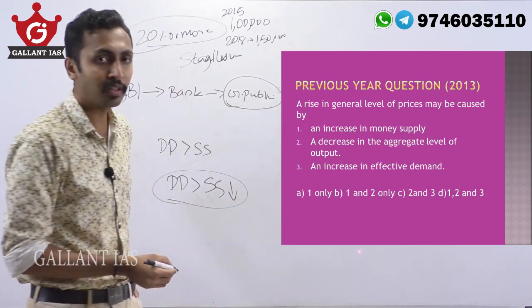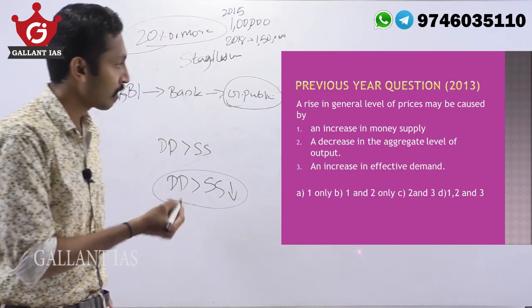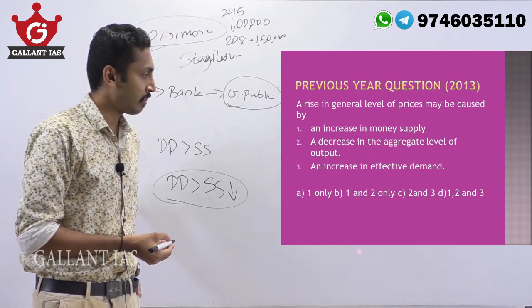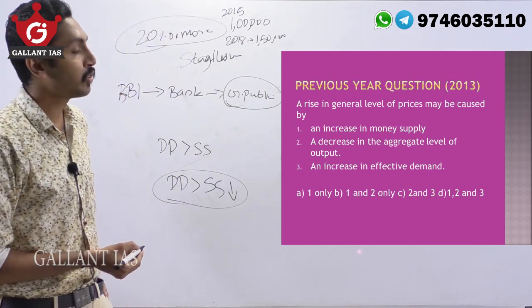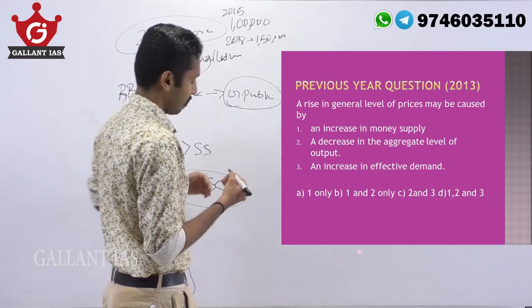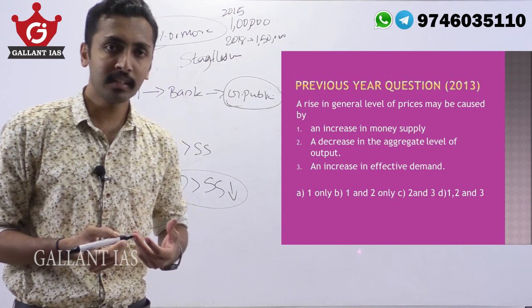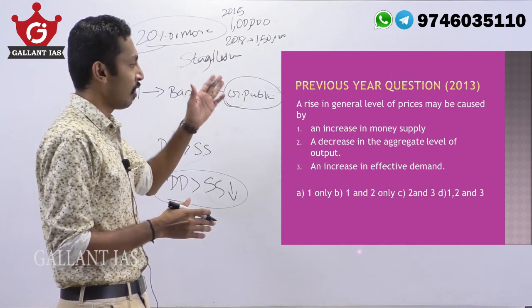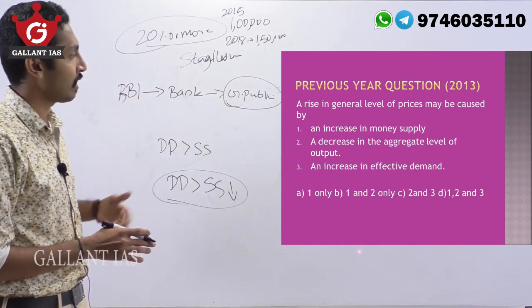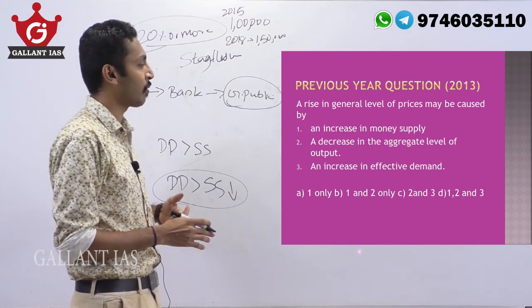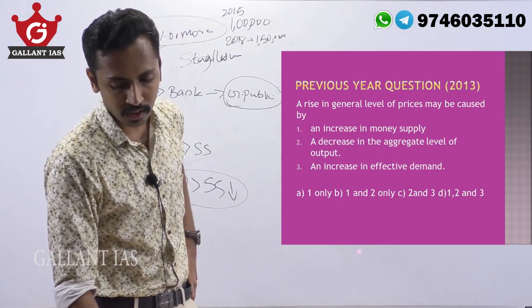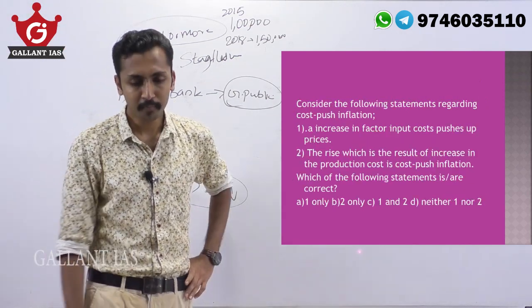So the second statement is also a reason for inflation. Third, an increase in effective demand. If demand increases, the general price level increases, and inflation increases. So all of these three statements are a cause for increase in general price level. So the answer is option D, 1, 2 and 3.